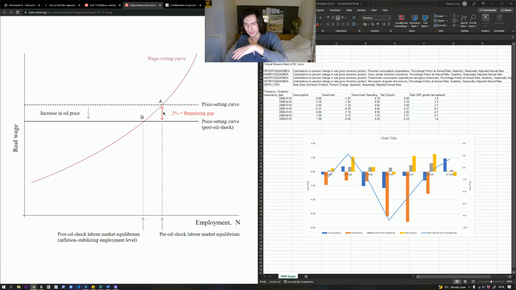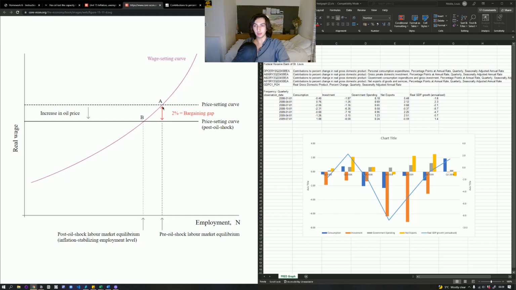Okay, I understand now. The wage setting curve is shifting downwards, which means A is going to come back to its previous level, and it's going to be at pretty much the same equilibrium as before. If this was the pre-shock equilibrium, then you move up the price curve, and then you have the inflation stabilizing employment level here.